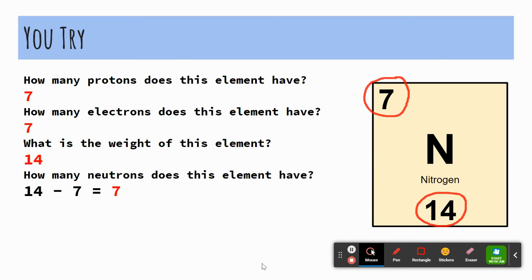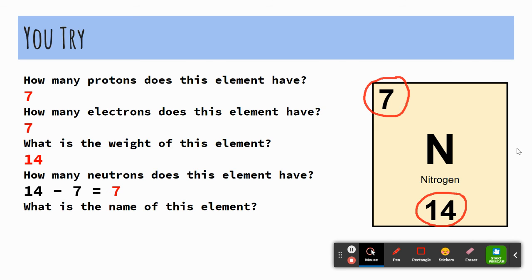All right, so we're going to do a little math. So number of neutrons, you do 14, which is this number here, minus 7 equals 7. Remember, this is the number of protons plus neutrons. So if we subtract the protons, then we'll figure out how many neutrons are there.